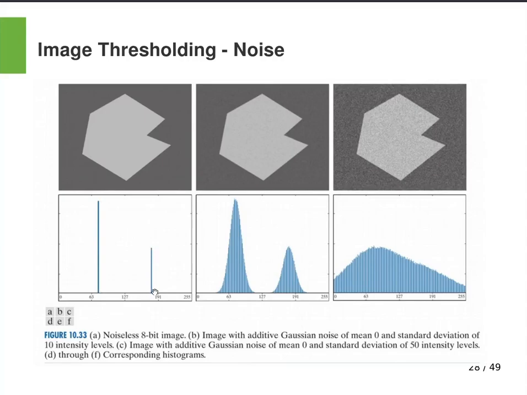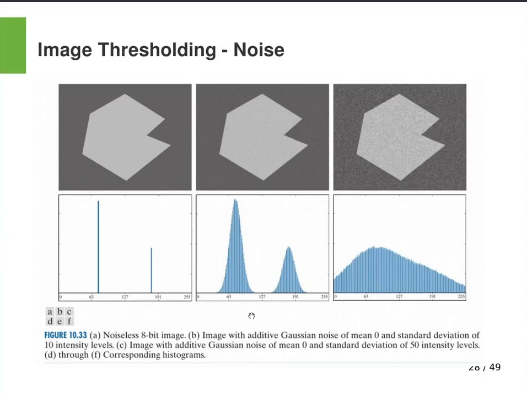This one is corresponding to the pixels inside the object, and this one is corresponding to the pixels in the background. As you can see, you can easily define a threshold between these two. Let's say you put the threshold 127, and you're able to partition the image into two sets of pixels, one with intensity values of the background and one with the intensity values of the foreground or the object.